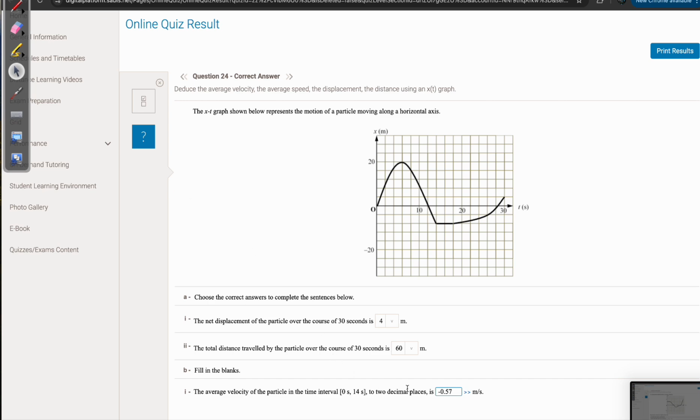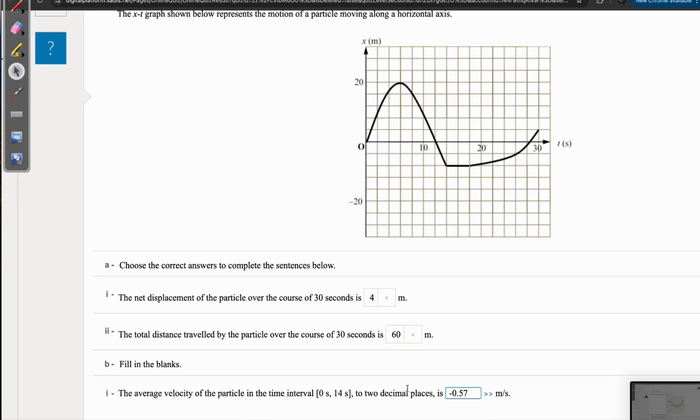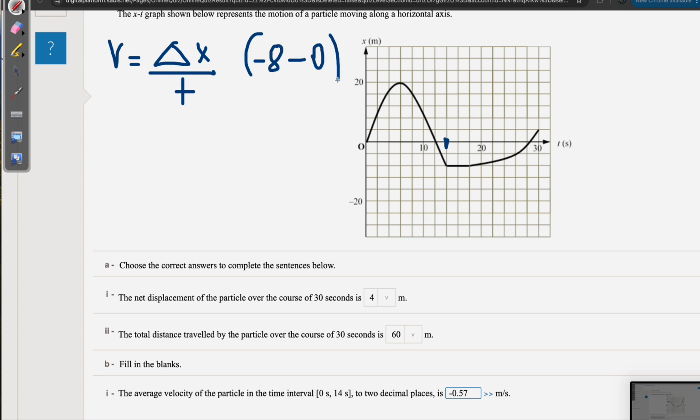Now they want the average velocity of the particle in the time interval from 0 to 14. Now 14 is right over here. Okay, so velocity is the displacement over time, which is negative 8 minus 0, position final minus position initial, over 14.